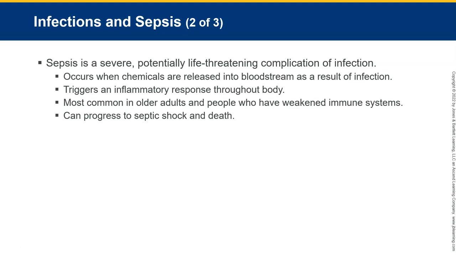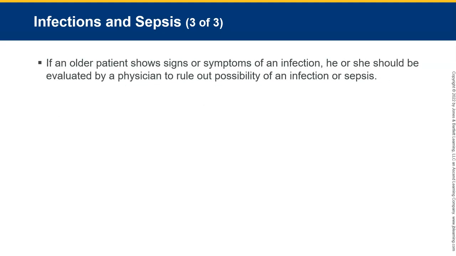If left untreated, sepsis can progress to septic shock. We haven't really talked a whole lot about that, but that's a condition in which the blood pressure can drop dramatically. Obviously that's not going to be a very good thing. Septic shock has become a big thing over the last number of years within this population.